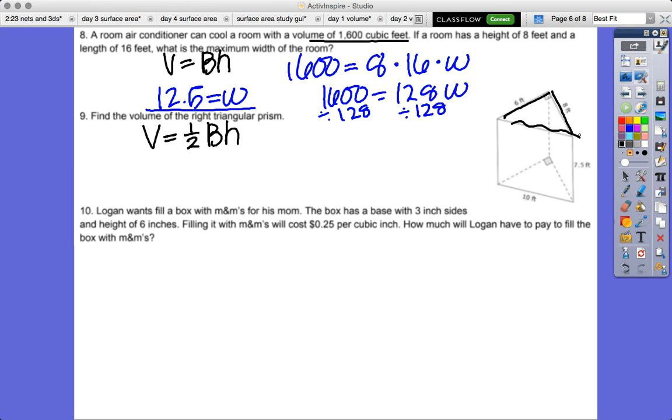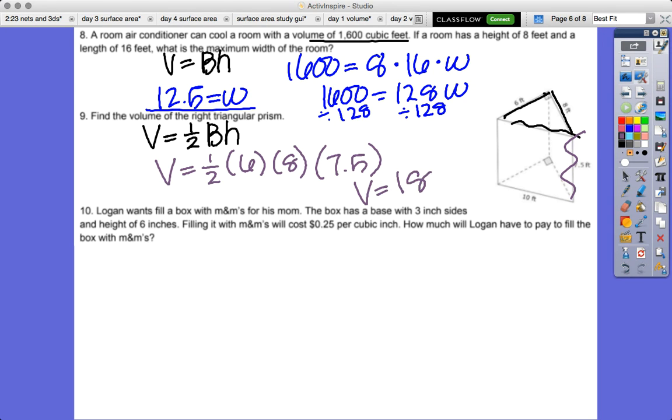So for the base, we're going to use a length of 6 and a width of 8. So volume equals 1/2 times 6 times 8, and then a height of 7.5. In your calculator, you can just type 0.5 times 6 times 8 times 7.5, and you're going to get a volume of 180 feet cubed.